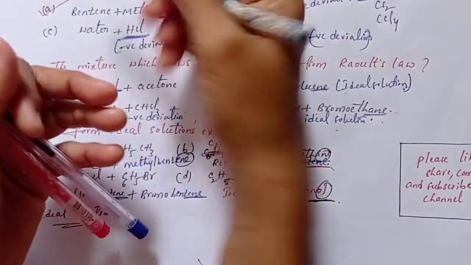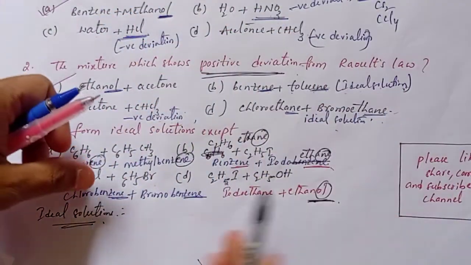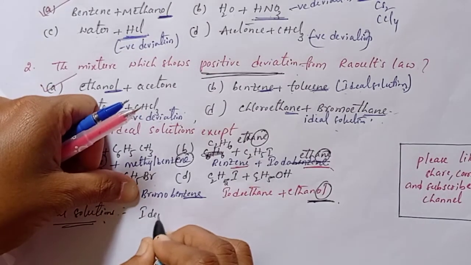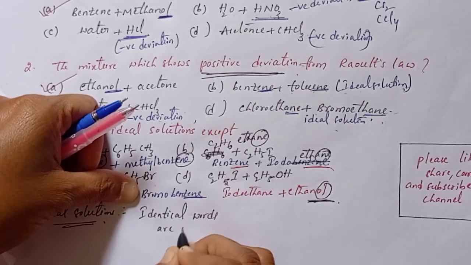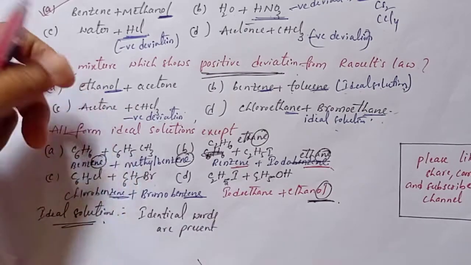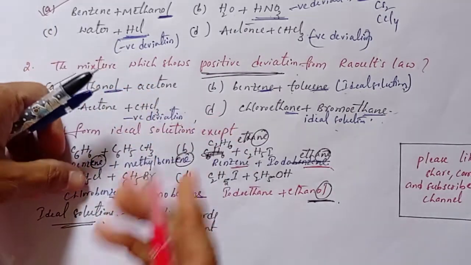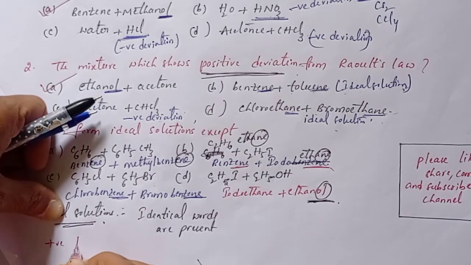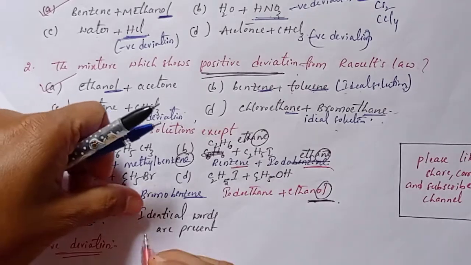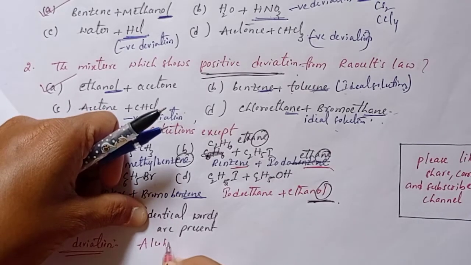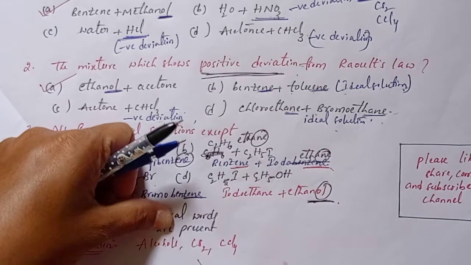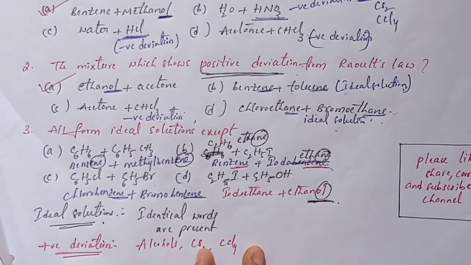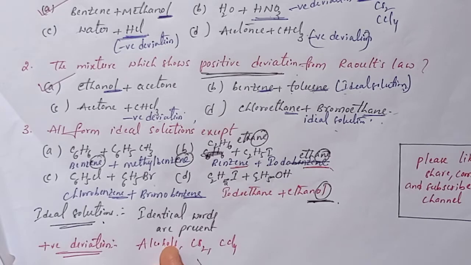In an ideal solution, identical words are present. Next, positive deviation: only alcohols, CS2, CCl4. So these compounds show the positive deviation.